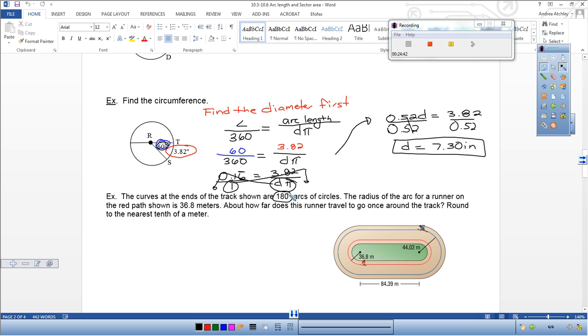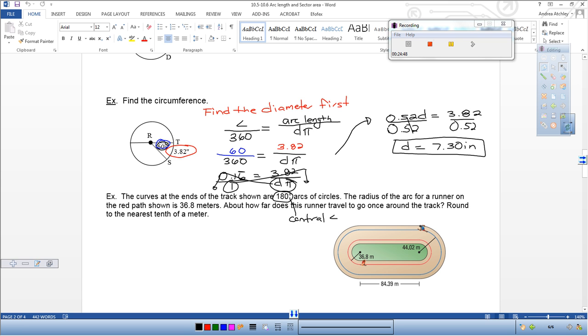That's what that means. The radius of the circle for a runner on the red path is 36.8 meters.